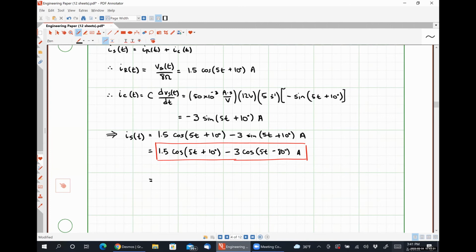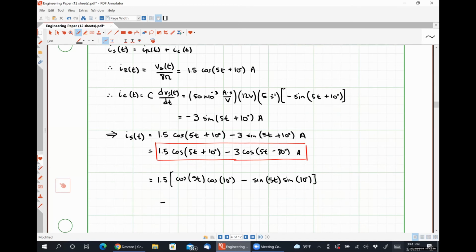So I have 1.5 times the cosine of 5t, which is an angle, plus 10 degrees, which is an angle. So I can use trig identity number 6 to split cosine(5t + 10 degrees) into cosine of 5t times the cosine of 10 degrees minus sine 5t times the sine of 10 degrees.